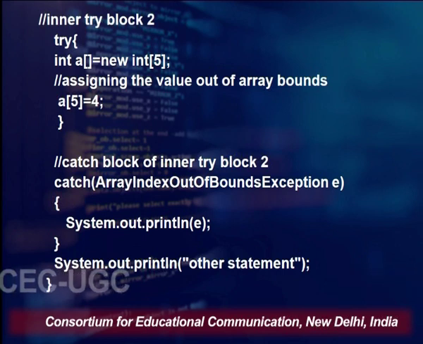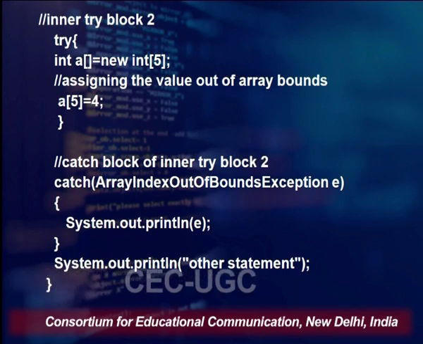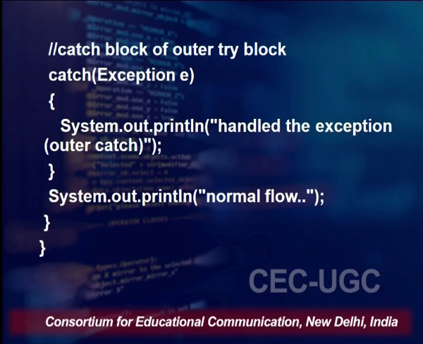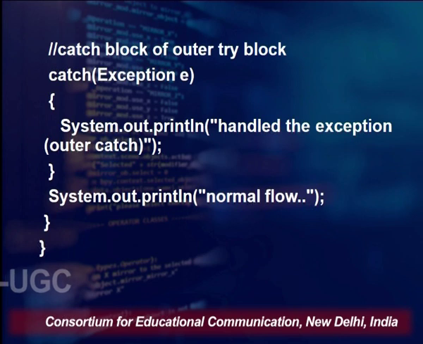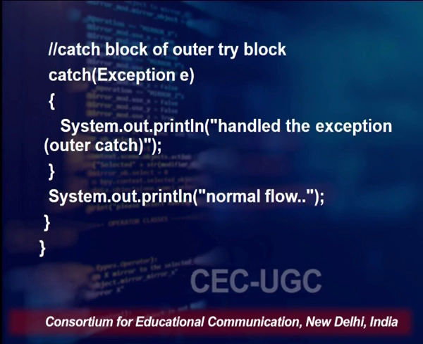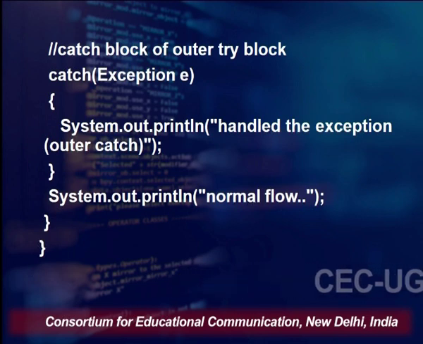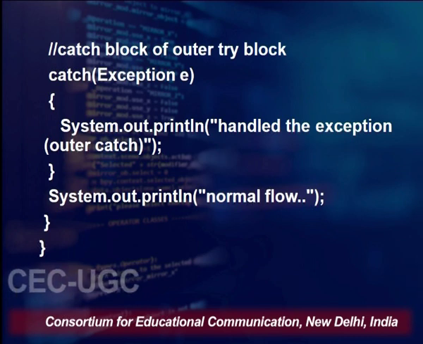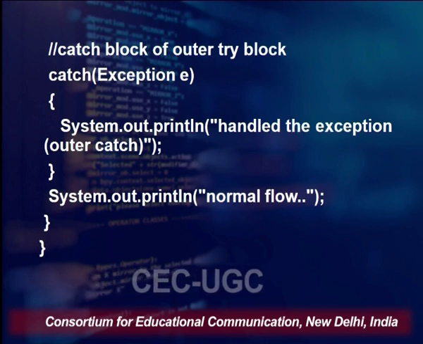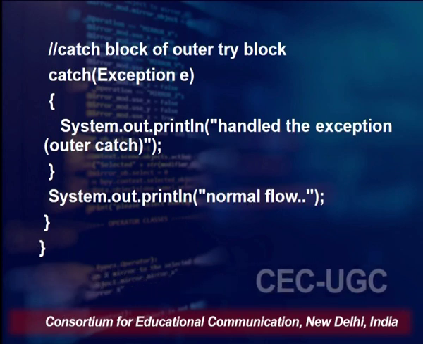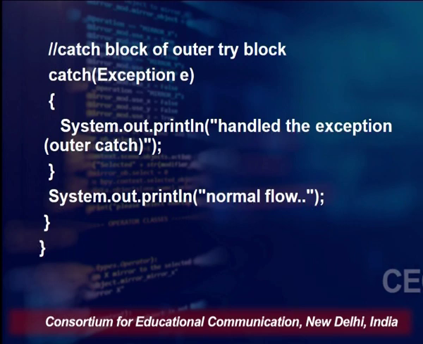Then the System.out.println other statement will be printed. Then this catch Exception E actually has nothing to do, because there was no statement inside the outermost try block which is going to throw an exception for this catch to handle. There is no such scenario. And then the last statement, System.out.println normal flow, will be printed.